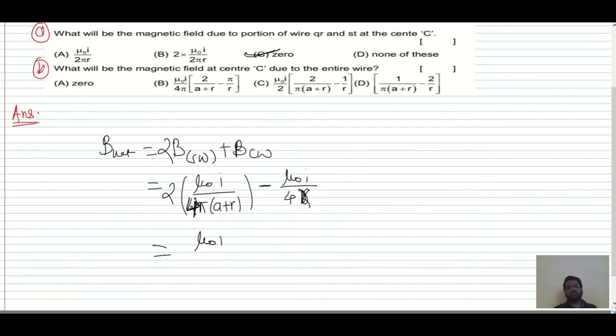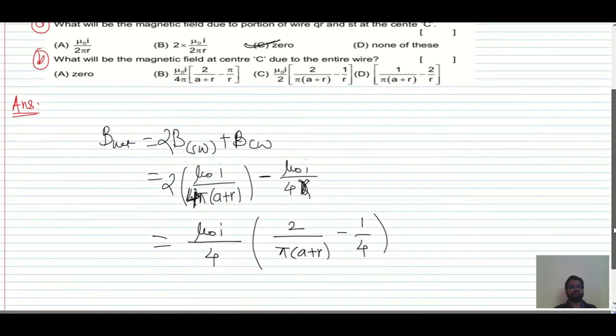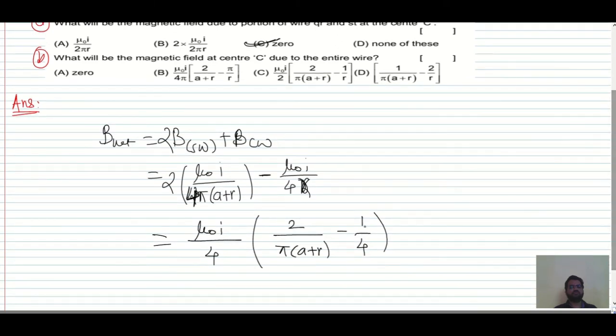So if you take mu naught I divided by 4 common, you get 2 divided by pi (A plus R) minus 1 divided by R. Why 4? It is R only, right? Yes, because we took 4 common.